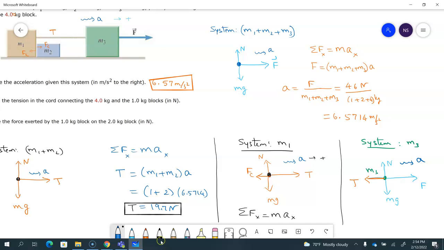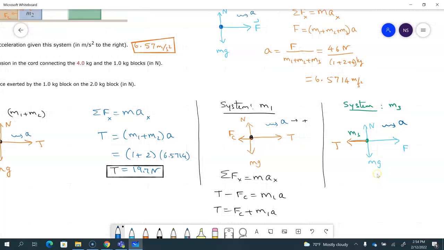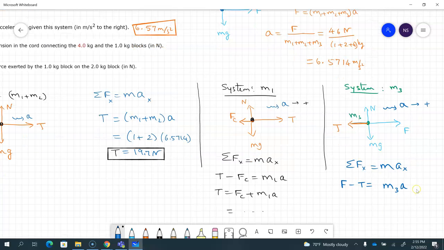Okay, so this one's not bad. We could have gotten tension with this one. If I wrote my equation, net force in the x is mass times acceleration in the x. A is my positive direction, so that is F minus T equals m3 times A, right? And so I could have gotten the tension this way.